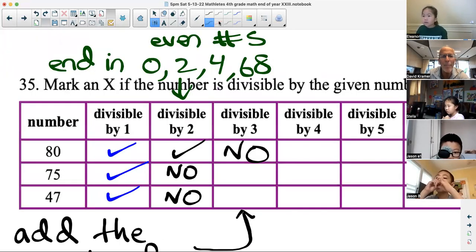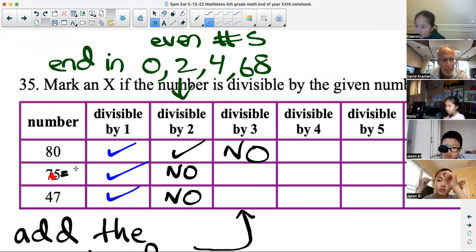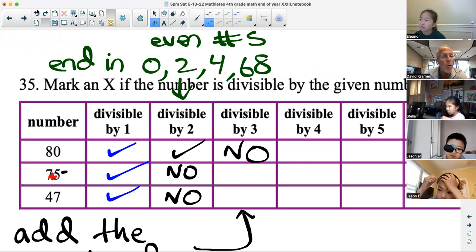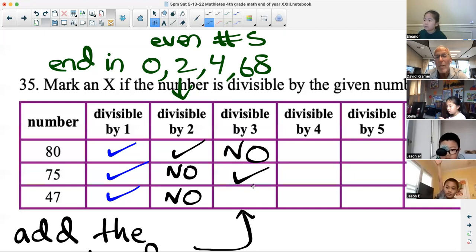Yeah, it's 12. Okay, is 12 a multiple of 3? Count by 3, Stella. Yes. Of course it is. So is 75 divisible by 3? Yes, because 12 is a multiple of 3.